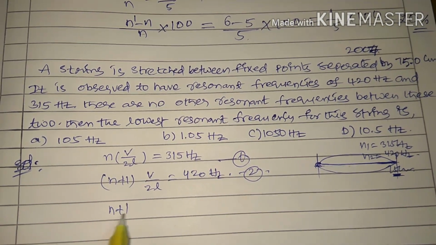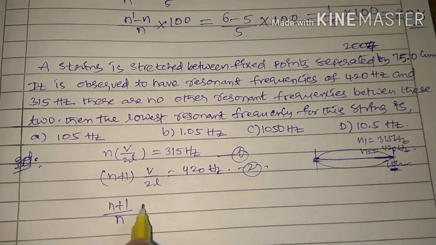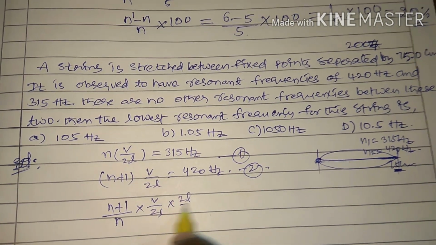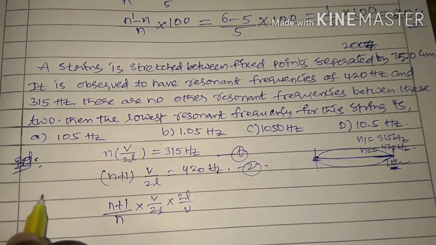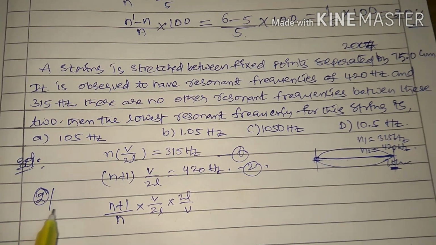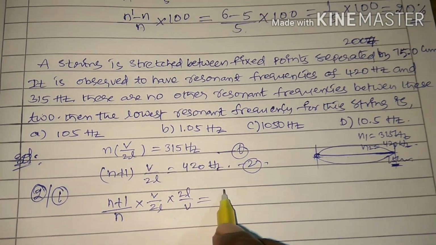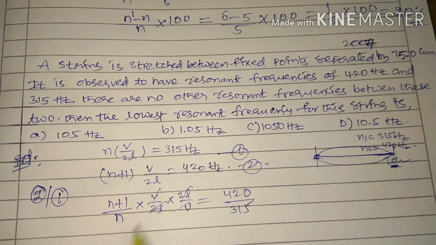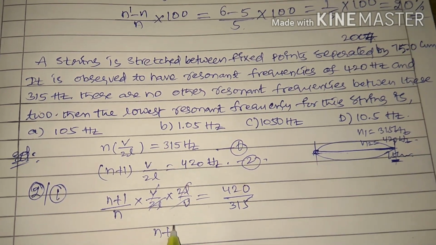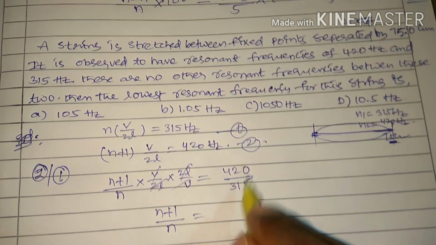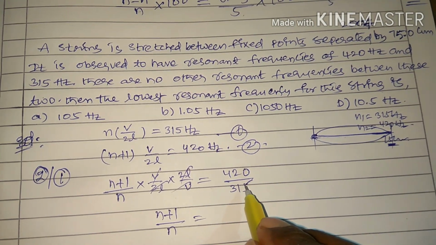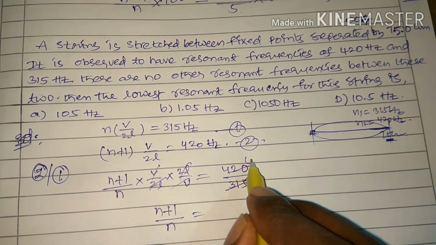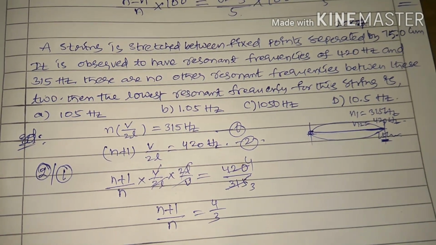So (n plus 1) by n, into V by 2L into 2L by V, is equal to 420 by 315. We can write (n plus 1) by n as 4 into 105 by 3 into 105, which is 4 by 3.